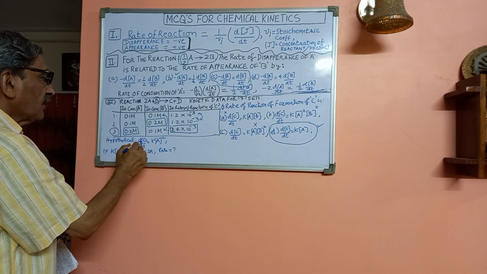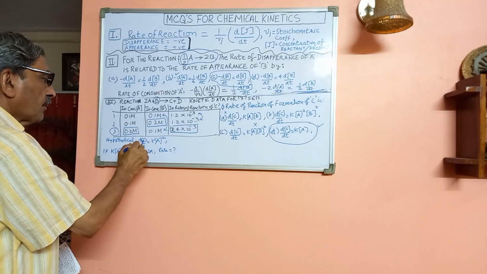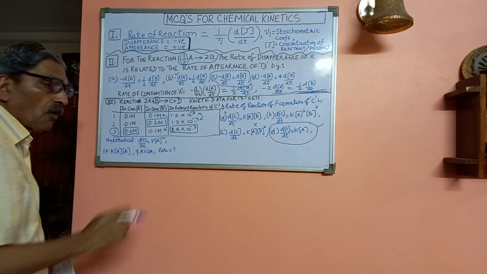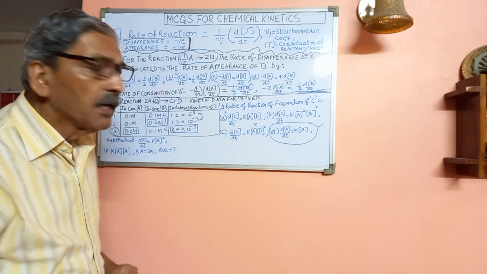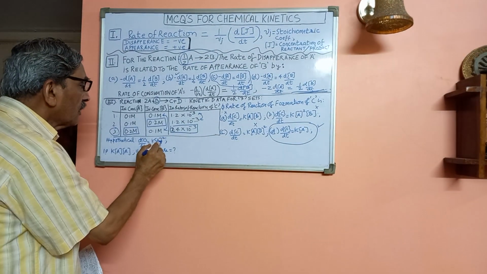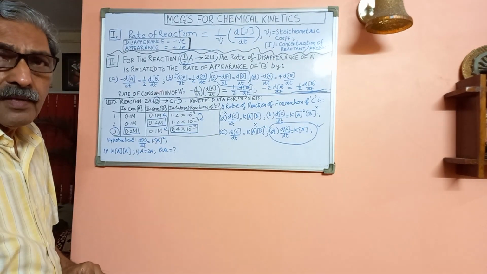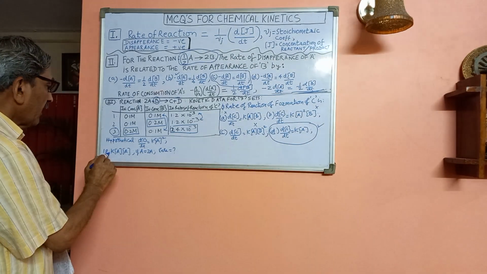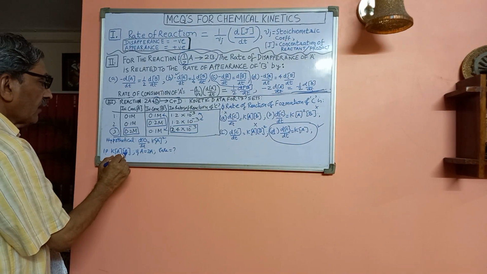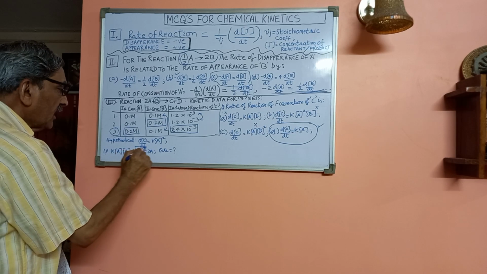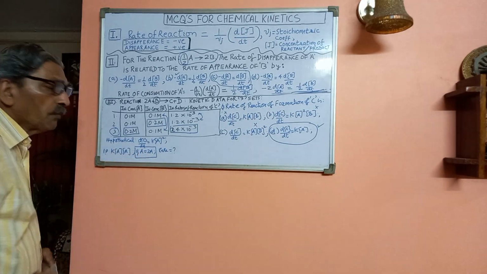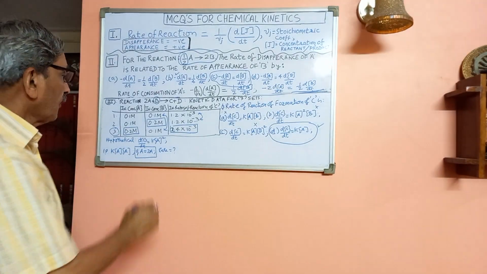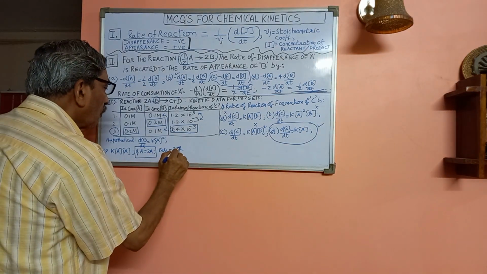Now, hypothetically, supposing we say that the rate of formation of C was dependent upon the square of A, which means that if you had written this as K into A squared, and you doubled the concentration of A and made it 2A, then the rate would become 4 times.